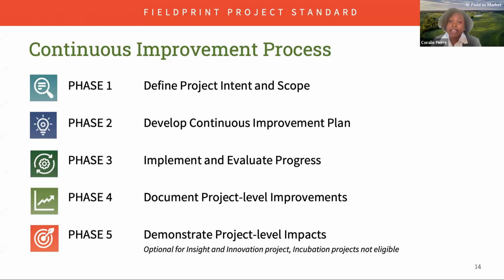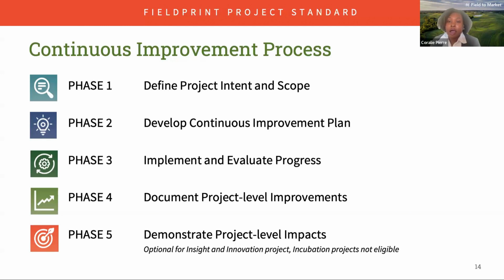This flexibility ensures responsiveness to changing conditions and maximizes the project's effectiveness. Phase 4, document project level improvement by conducting a project evaluation. This includes tracking changes, lessons learned, and best practices, which provide valuable insight for future reference and decision-making.